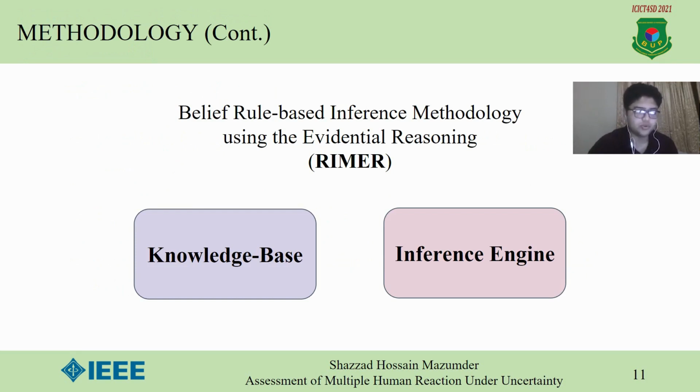The core approach of BRB is the Rimmer approach, which is divided into two parts. They are the knowledge base and the inference engine. For the knowledge base, the BRB represent the domain knowledge under uncertainty.